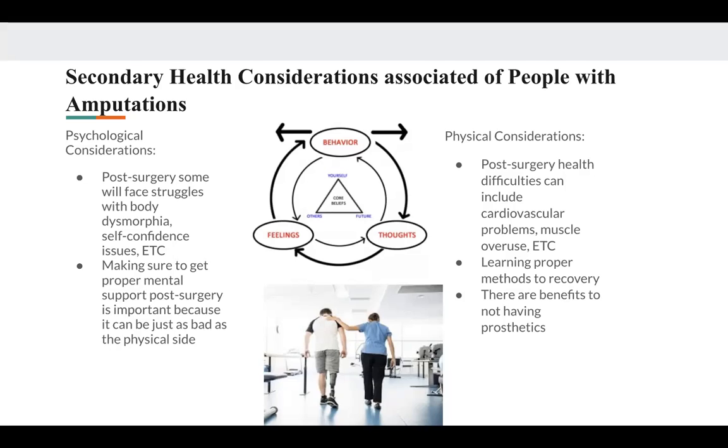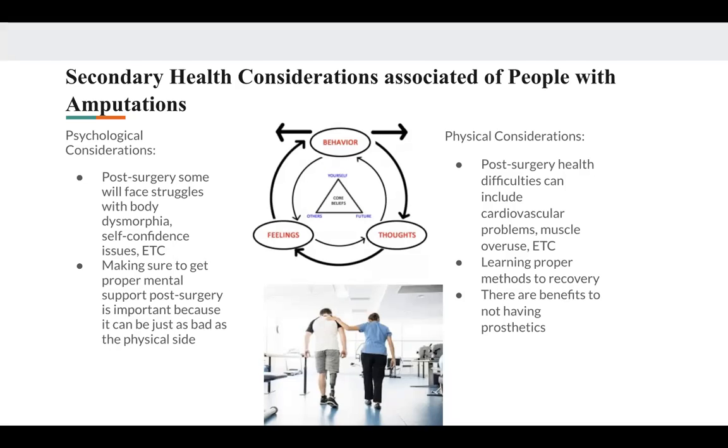Secondary health considerations associated with patients. As there are considerations with surgery, there will be some struggles with body dysmorphia, self-confidence issues, things like depression and varying levels of social isolation, things like sensory pain.